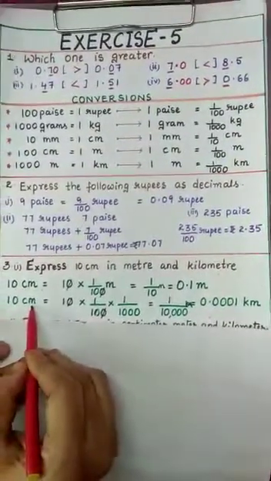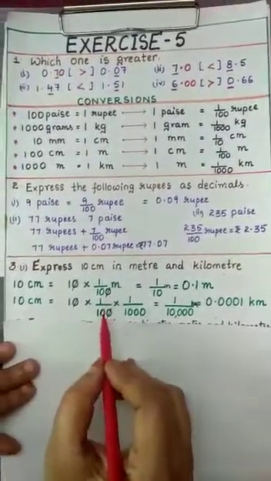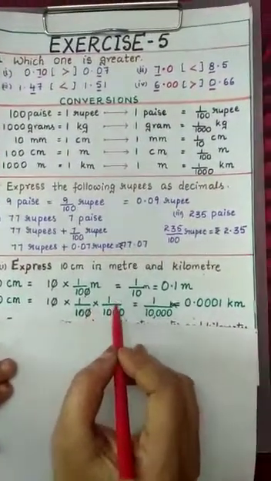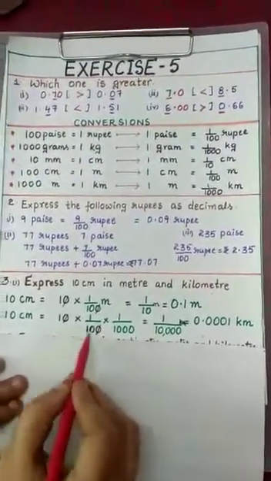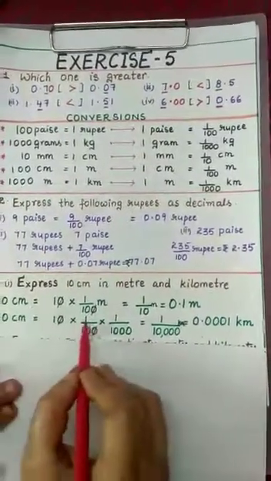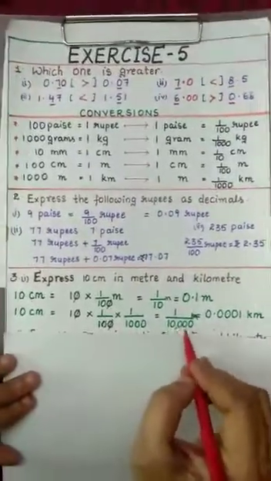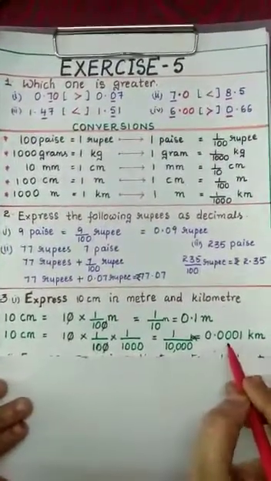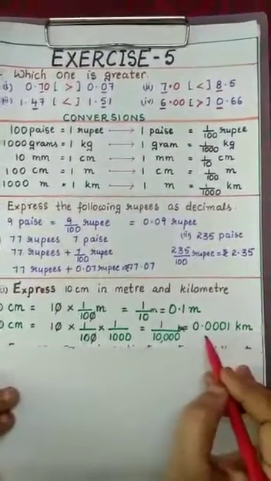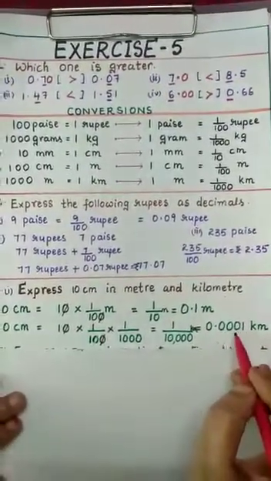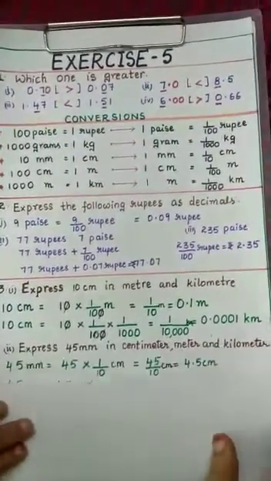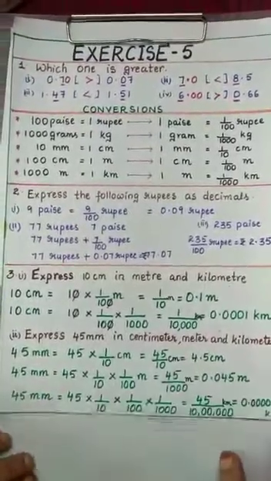So 10 centimeter equal to 10 into 1/100 into 1/1000. Now here you cancel the common zeros. Now 1 ones are 1. Here we get 10,000. So as we have 4 zeros in the denominator, make it 4 places after the decimal. So 0.0001 kilometer.